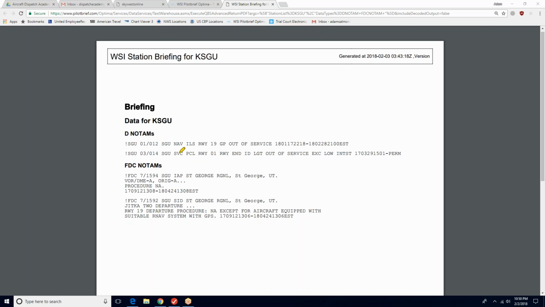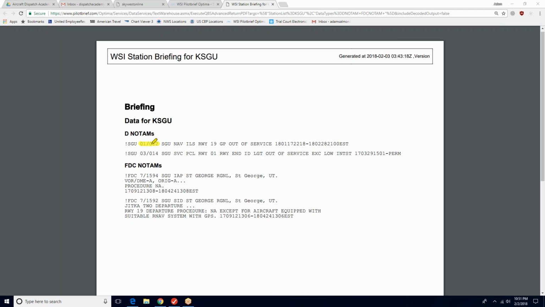The second thing is the NOTAM month and the NOTAM number. So this top NOTAM here, the 01 stands for January, because that is the month it was issued in.